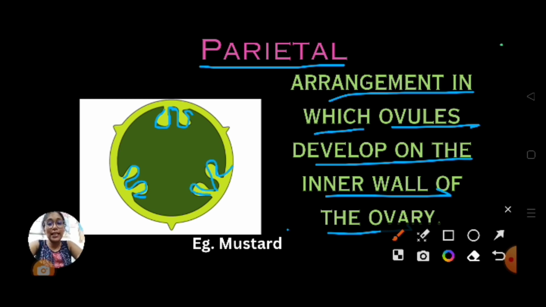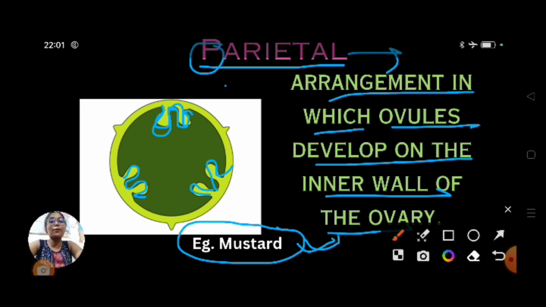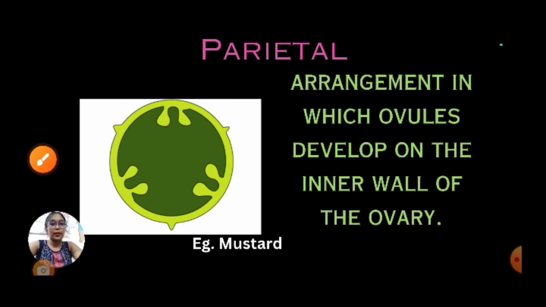This type of placentation we can see in case of mustard. Parietal type of placentation means towards the periphery, P for parietal, P for periphery, means it is located towards the inner wall of the ovary, that is towards the periphery. Is it clear?